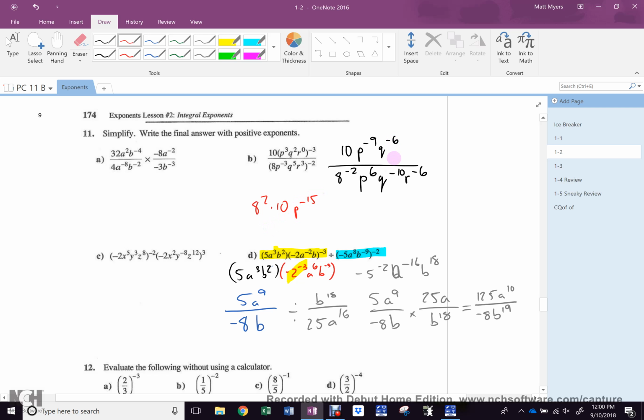What's negative 6 minus minus 10? Q to the 4th. And what's R to the 0 minus minus 6? R to the 6th. What there isn't allowed? Only the P. 8 squared is 64. 64 times 10 is 640. Q4 R6 over P15.